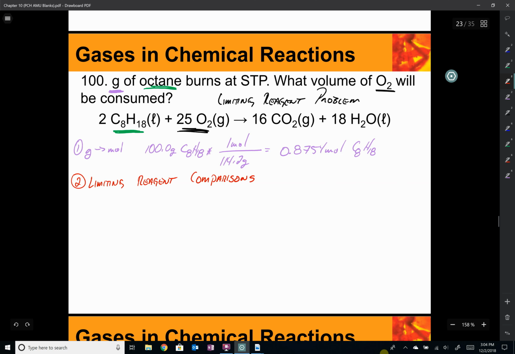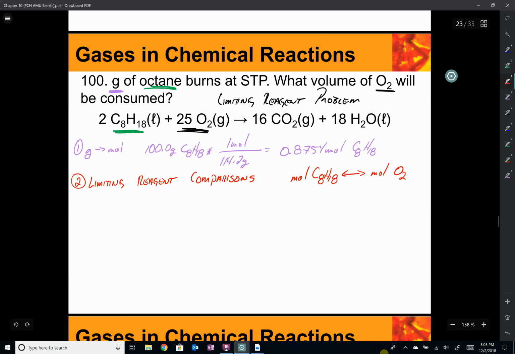So essentially, we need to convert moles of octane into moles of O2. The first thing we did was grams into moles. The next step is moles into moles, a very common step that we've done before in limiting reagent problems.